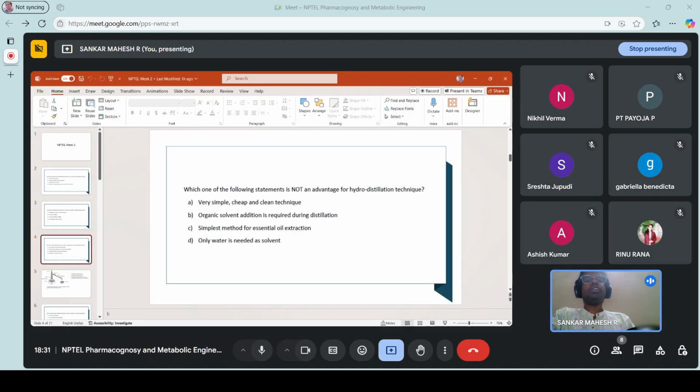Again, we can take a couple of minutes, and whoever knows the right answer can raise your hands and start mentioning the technique here, which is first what is hydrodistillation, and then we can go on to the options. You can take a couple of minutes.